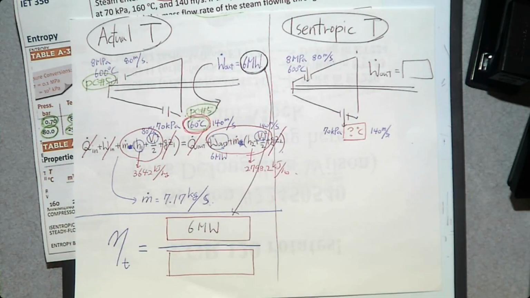So now we are going to analyze that isentropic turbine. Then what is the energy balance equation? The same energy balance equation as here. So I'm going to repeat the same energy balance equation.